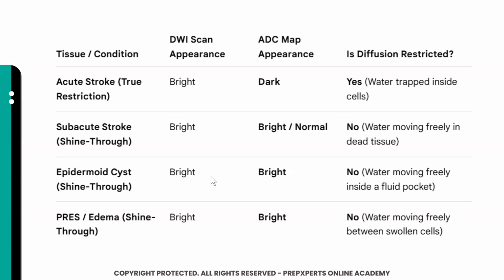Epidermoid cysts, this is another very common question. The epidermoid cysts show diffusion restriction, but those are also not dark on ADC map. Stress, edema due to vascular changes. That is sometimes also bright on DWI and also bright on ADC, which is another example for T2 shine through. So remember this table as well.